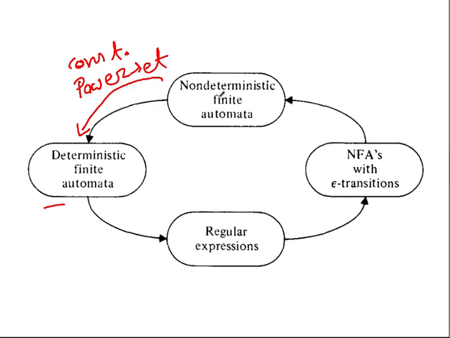Then we defined another generalization of NFA, which is NFA with epsilon transition, and then we showed that we can remove all this epsilon transition to construct an equivalent NFA without epsilon transition, right? So here we defined the epsilon closure and all those things.